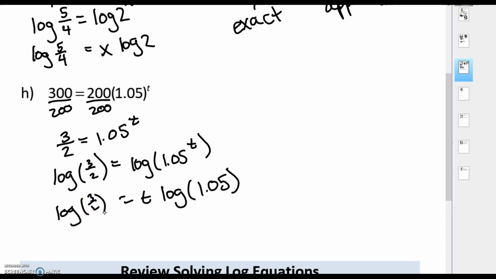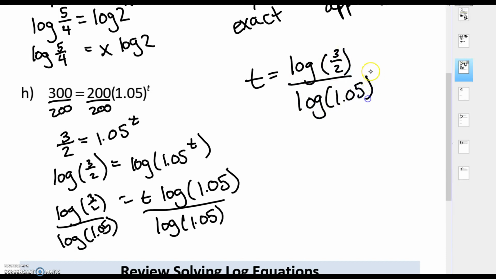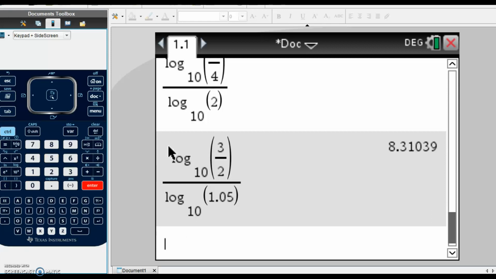Divide both sides by the log of 1.05, which leaves me with t equal to the log of 3 over 2 divided by the log of 1.05, which is equal to 8.310.